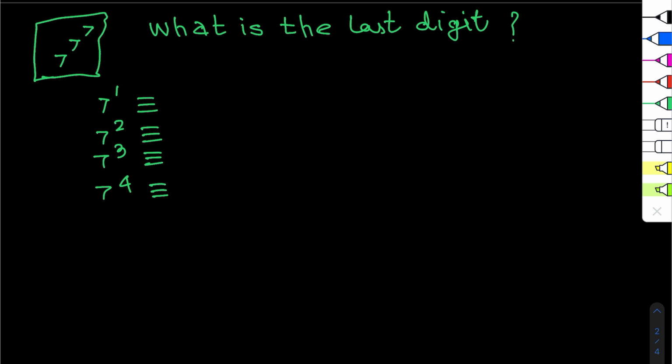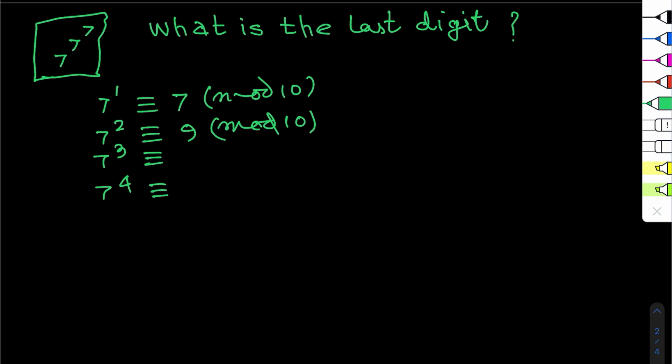We know 7 to the power 1 is congruent to 7 mod 10, and 7 to the power 2 means 9, mod 10.